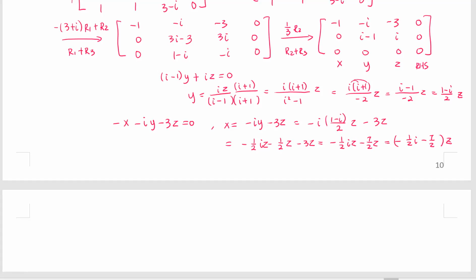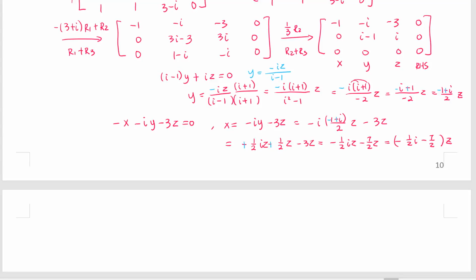Okay, hi everyone. I realized I have a small mistake. When we solve for y, it is minus iz over I minus 1. So there is a minus here, and the signs change: this is minus, this is plus, then this is plus and this is plus.